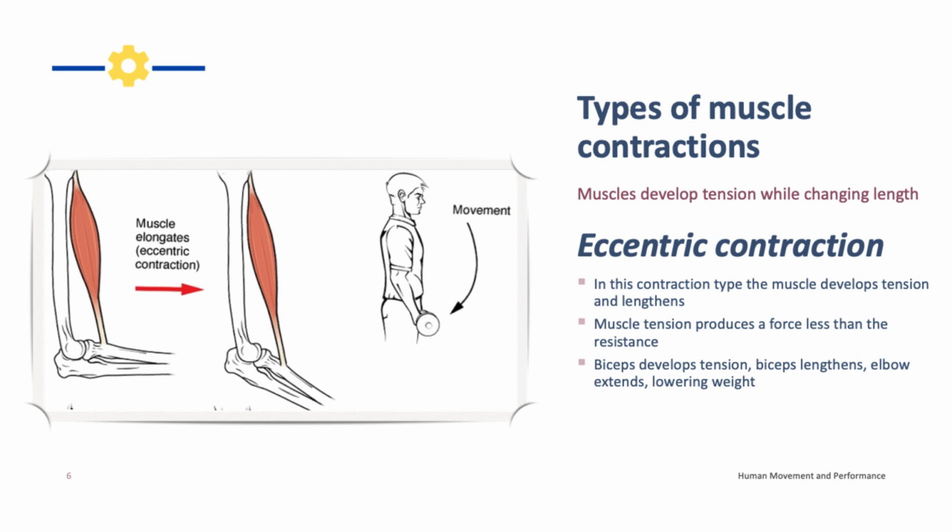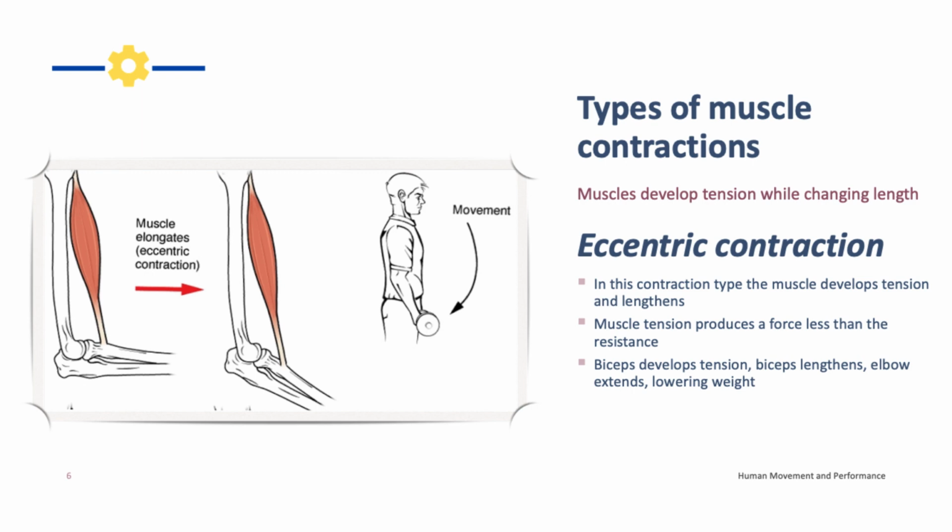If we lifted the weight concentrically with the biceps and then used the triceps to lower the weight, what would happen is we would throw the weight to the ground because the triceps and gravity would accelerate the weight very rapidly towards the ground, and this would be an uncontrolled reaction.